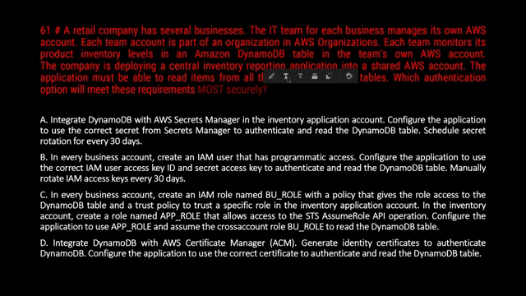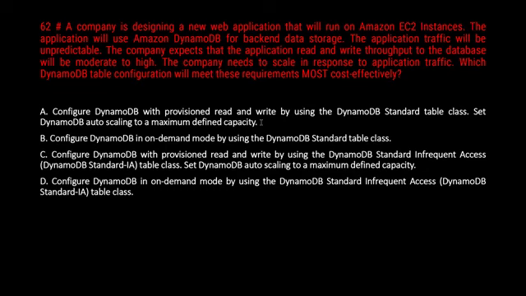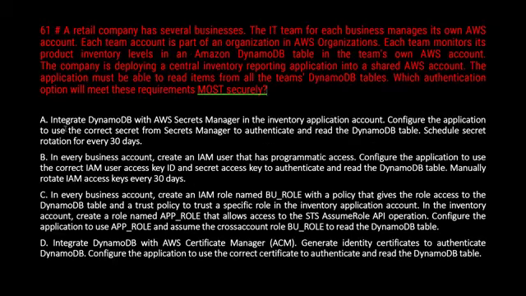Okay, let's look at the options here. We have: integrate DynamoDB with Secrets Manager in the inventory application's account, configure the application to use the correct secret from Secrets Manager to authenticate and read the DynamoDB table, and schedule secret rotation for every 30 days.